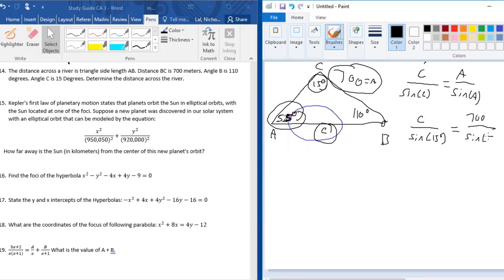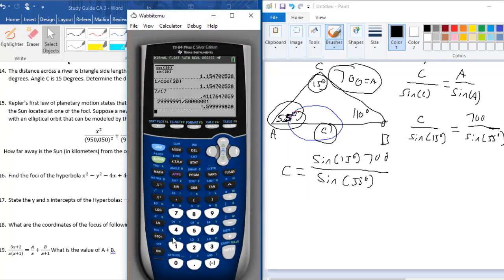So multiply each side by the sine of 15. C is equal to the sine of 15 degrees times 700 over the sine of 55. All right. So then you take the sine of 15 degrees, times 700, and then you divide that by the sine of 55.